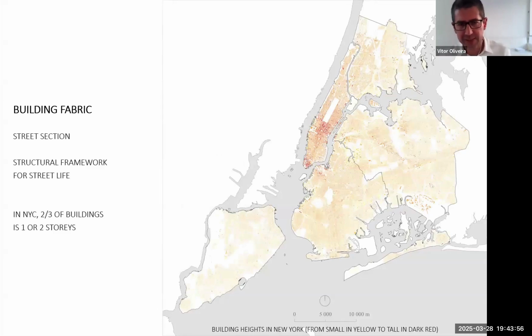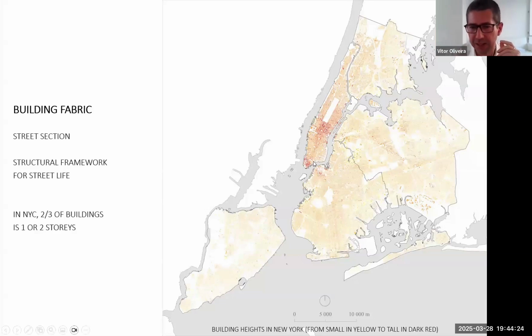So after looking at the ground plan, we analyzed the building fabric, and we started with individual analysis. So here you see the building height. Although our collective image of New York is just a city of skyscrapers, it's nothing like that.